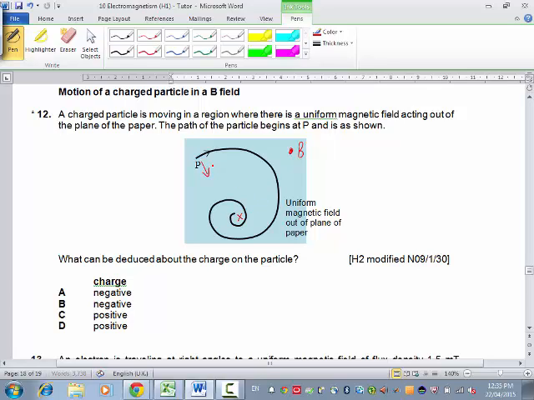I'm going to tell you that the force is towards here. So now I would like you to tell me whether the answer is a positive charge or a negative charge. Use your Fleming's left hand rule. Remember, current and positive charge, same direction. Current and negative charge, opposite direction.